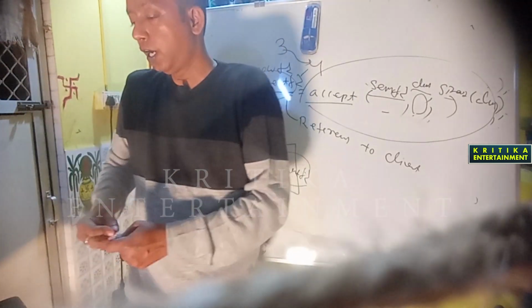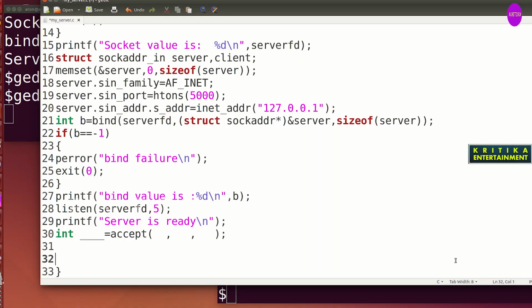So here I will write int size. Size is equal to sizeof client. Then here it will write client FD, then actually 3 arguments. What are those arguments?